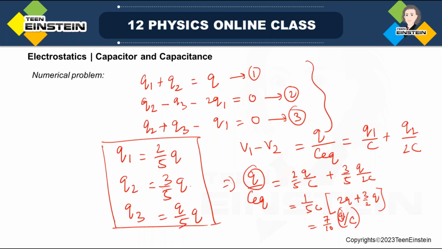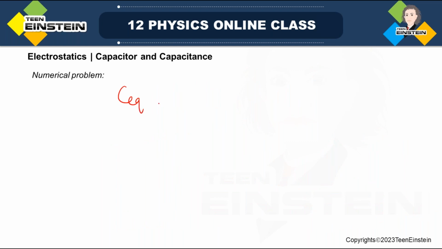So we can get from here 1 over C equivalent is equal to 7 by 10C. I'm sorry, here C is in the bottom actually. So C equivalent will be 10C by 7. So this is actually the answer.